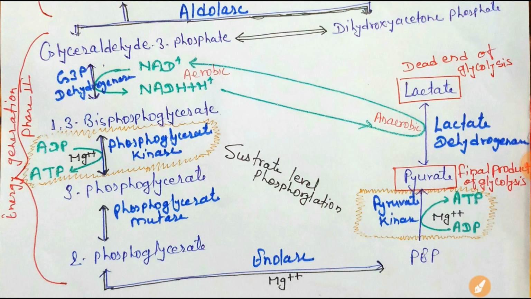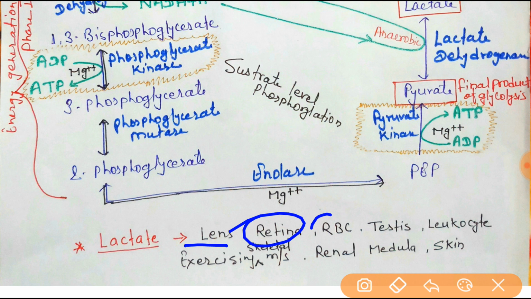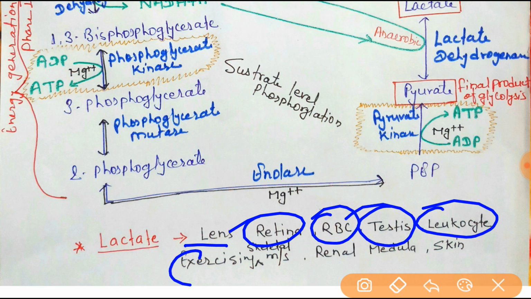Next thing asks where lactate dehydrogenase is used, that means in anaerobic respiration, glycolysis, and lactate is the dead end. Where is lactate formed? Here lactate is formed in the lens, retina, RBC, testis, leukocyte, exercising skeletal muscle, renal medulla, and skin.